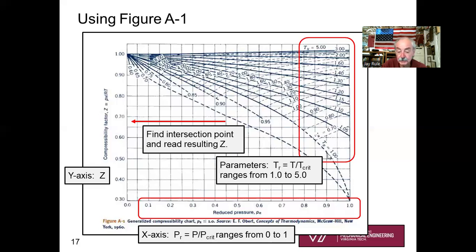TR of 1 means you're at the critical point temperature. PR at 1, well, that means you're at the critical pressure. And these would be pressures less than the critical pressure. All right, so that's a pretty good view. And so once you find the intersection point for your point, then you're going to come off horizontally to find out your value of Z.